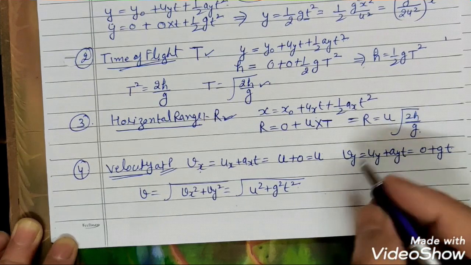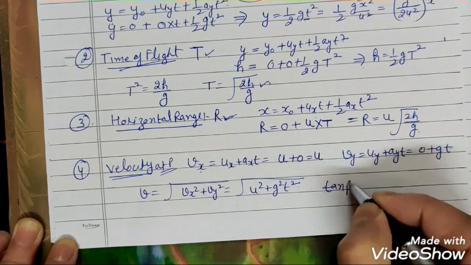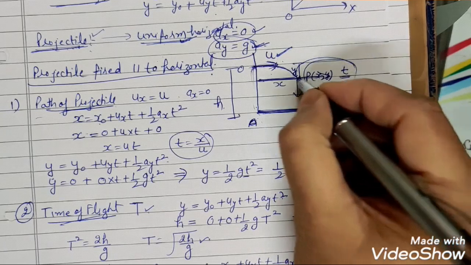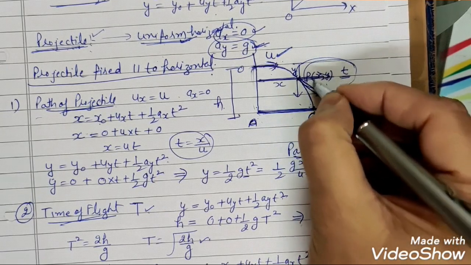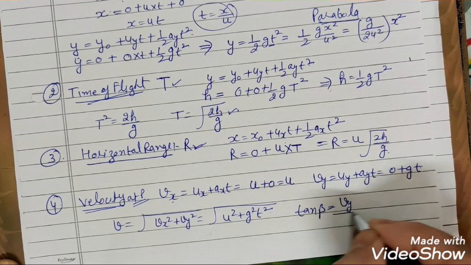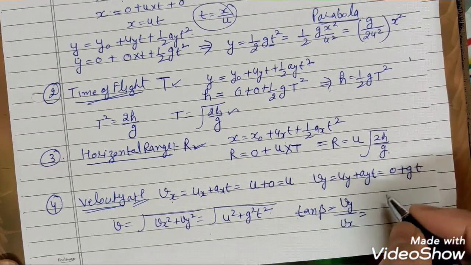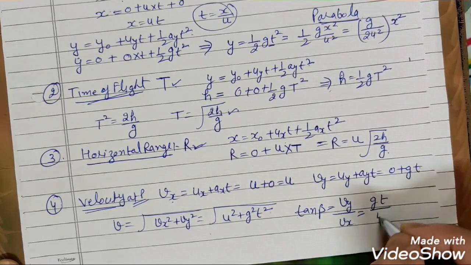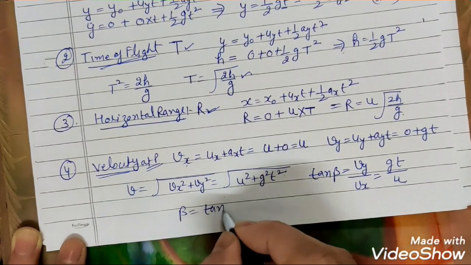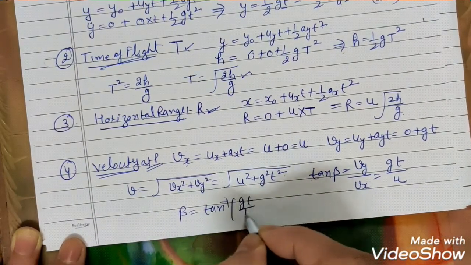This is the velocity. And what about the direction? Here, if we say that this is the velocity, this is the horizontal, and this makes an angle beta. So tan beta is v_y upon v_x, means gt upon u, and beta is tan inverse of gt by u.